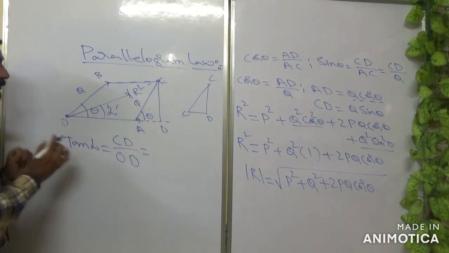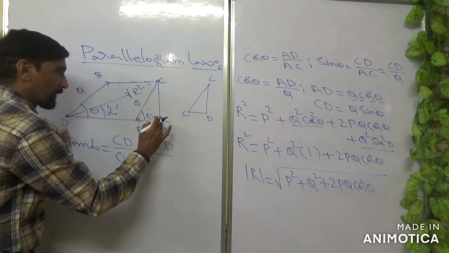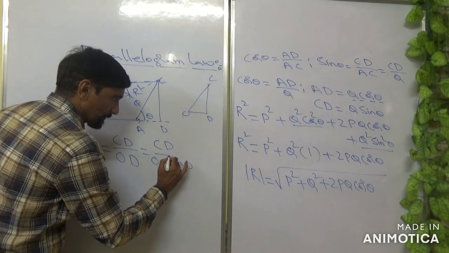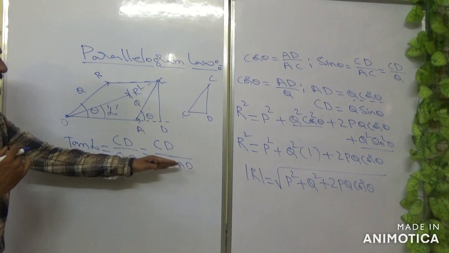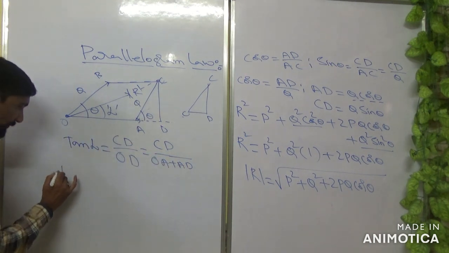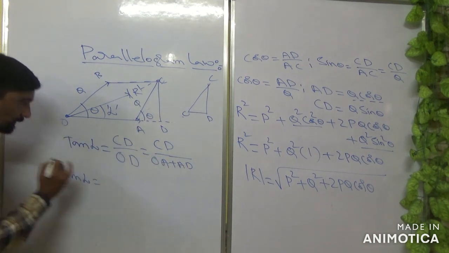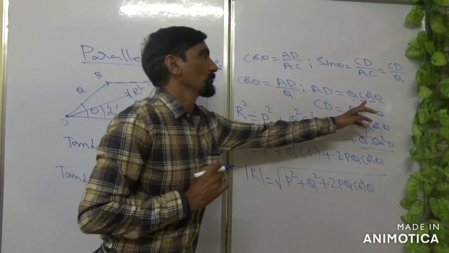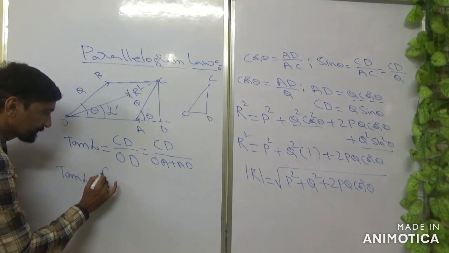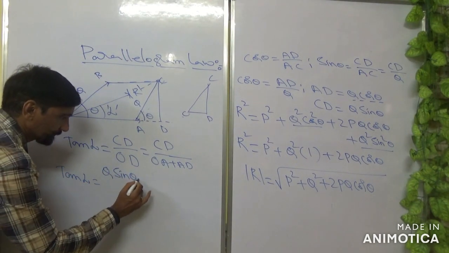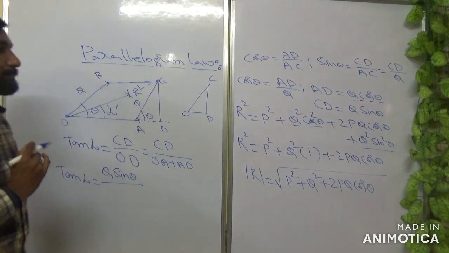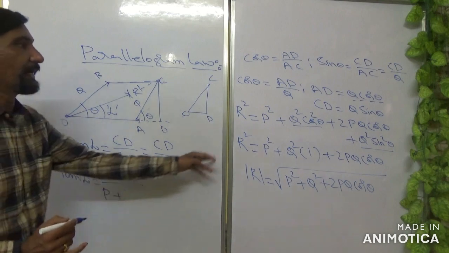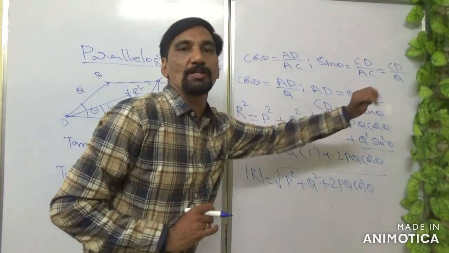CD by OD, where OD is taken as OA plus AD. So already we know CD, AD and OA. Substitute. So tan alpha is equal to CD, Q sin theta, by OA, which is P, plus AD, which is Q cos theta.